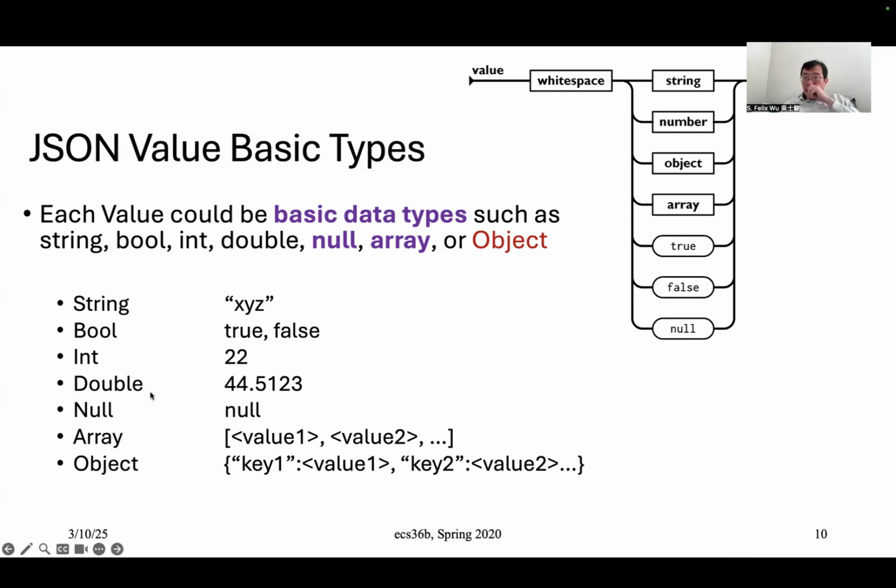The value could be a double. In fact, both of them are numbers. Both integer and double are numbers. But later, when we write the program to deal with JSON objects in C++, you do need to separate the cases about what kind of number it is. Is that number exactly an integer or a double?